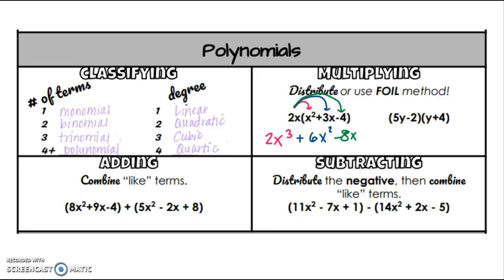And that's it. Now on this next one, when I FOIL, there's one extra step. So we're going to do the first terms first. So that would be the 5y times y. That gives me 5y squared. And then the O in FOIL stands for outside. That's going to be the 5y and the positive 4.